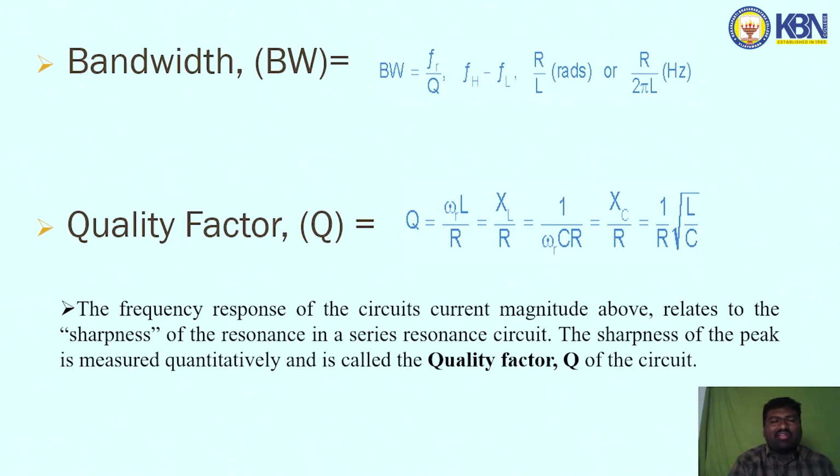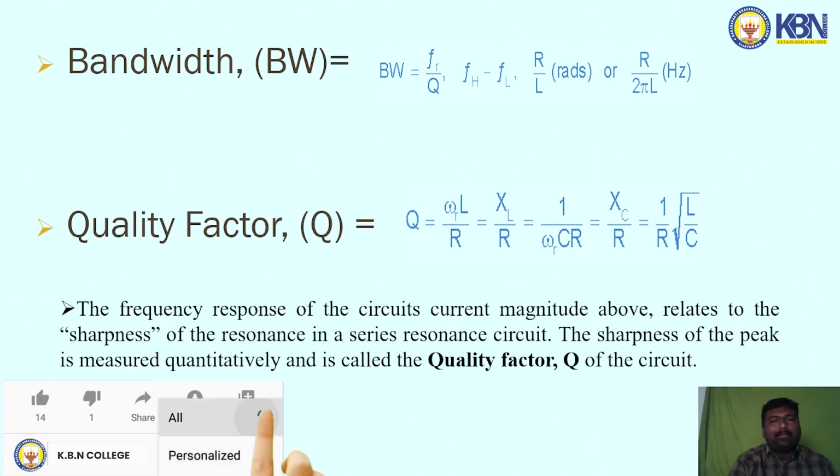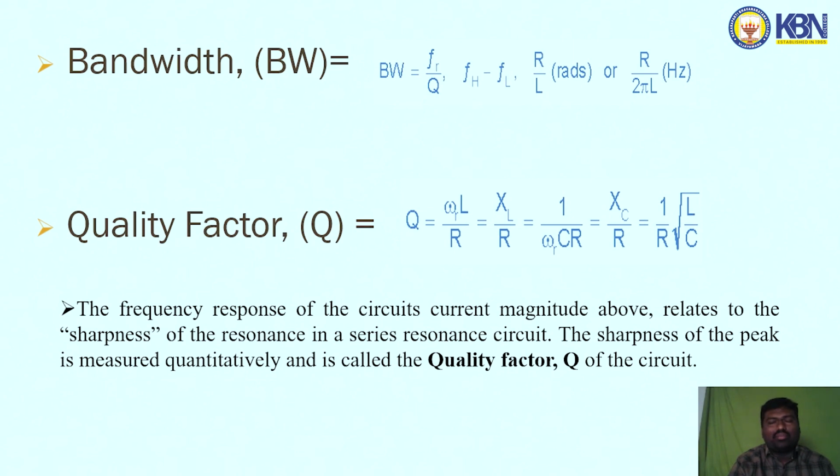The quality factor of the parallel resonant circuit Q equals 1 by R root L by C. In the frequency response of the circuit, the current magnitude above or below resonance is related to the sharpness of the resonance. In series or parallel circuits, the sharpness of the peak is measured quantitatively and is called the quality factor, Q equals 1 by R root L by C of the circuit.